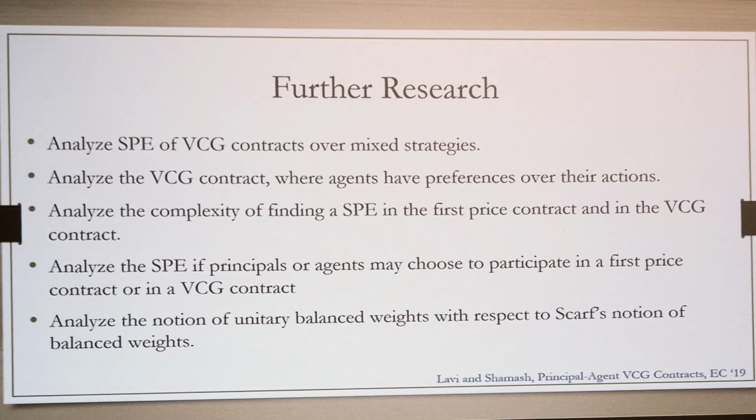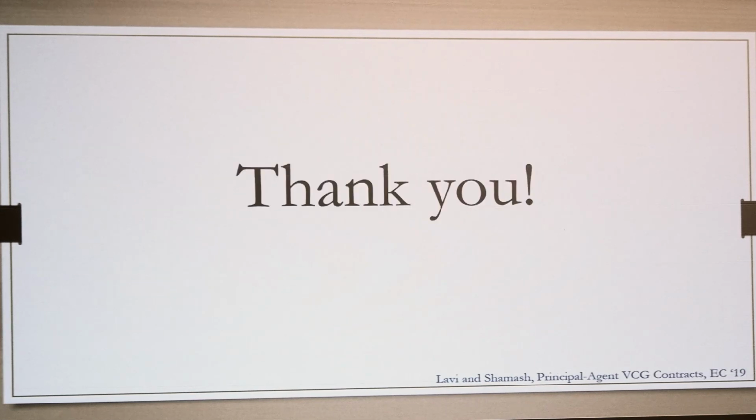It would also be interesting to analyze the notion of the unitary balanced weight, which we introduced to analyze the subgame perfect equilibrium, and see what the connection is between that and Scarf's notion of balanced weights. Thank you.